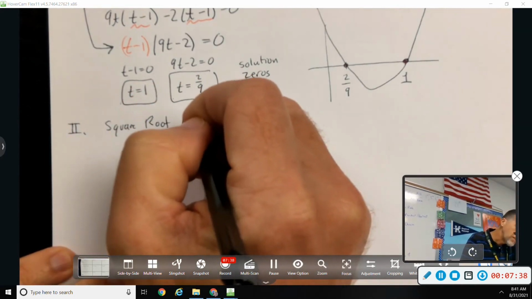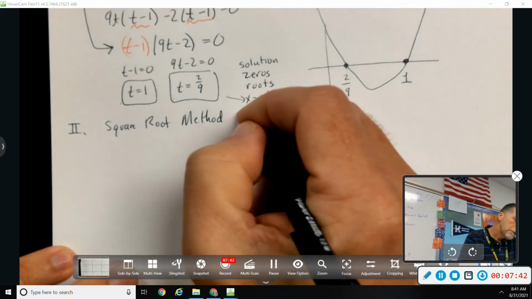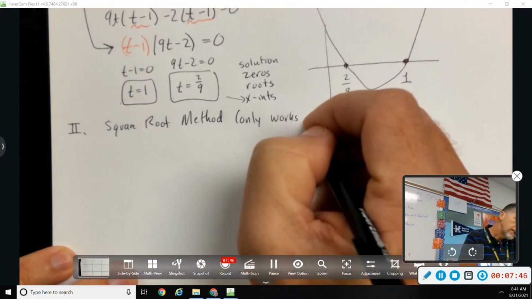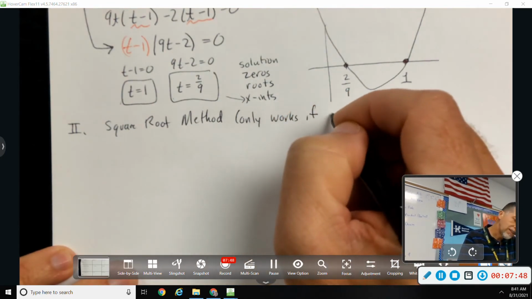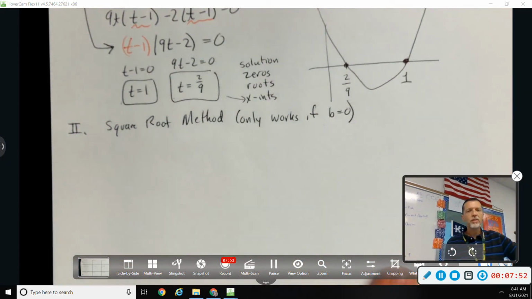Square root method. Now, square root method is great, but it only works if b is equal to 0.